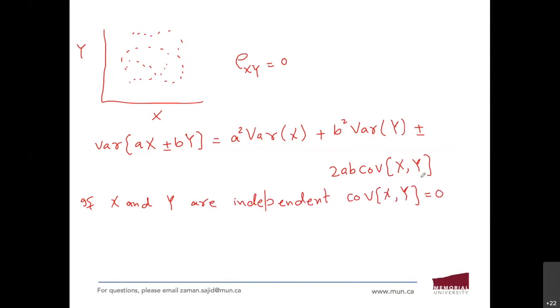So if I put this value of 0 in this equation, my variance of ax plus or minus by will be a square variance of x plus b square variance of y.